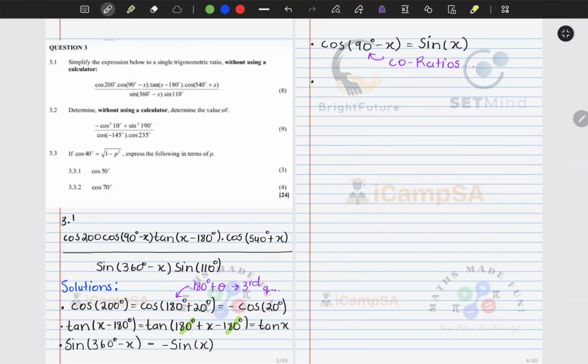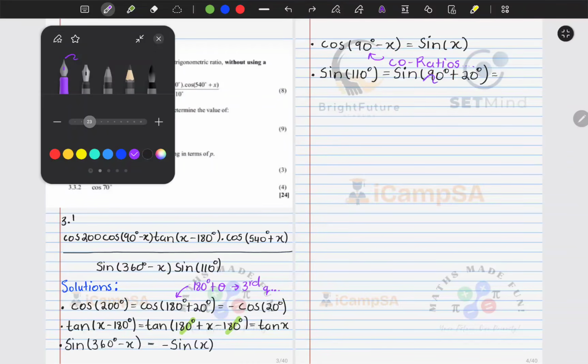Next, let's have a look at sine of 110 degrees. This angle is just above 90 degrees, so it can be written as sine of 90 degrees plus 20.